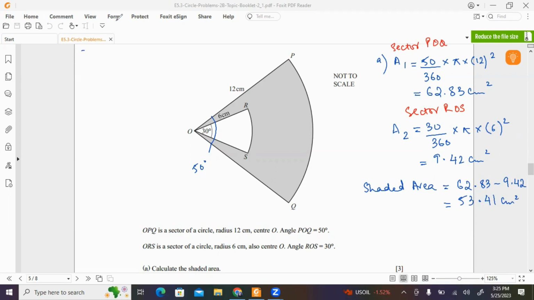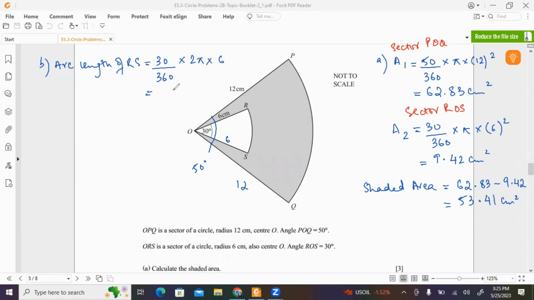Moving on to the perimeter. Okay, so we know that this is 6, so this is also 6. This is 12, 12. So we find the arc length. Arc length of RS, let's start with that. So that's going to be 30 over 360 times 2 pi times R, 6.